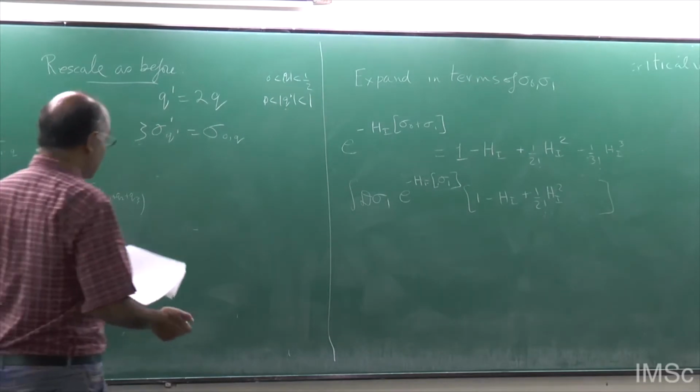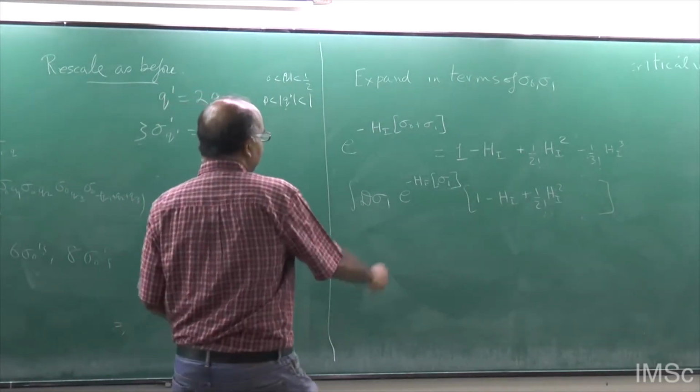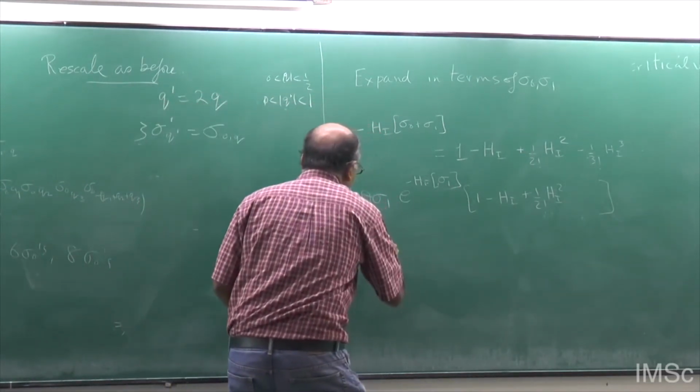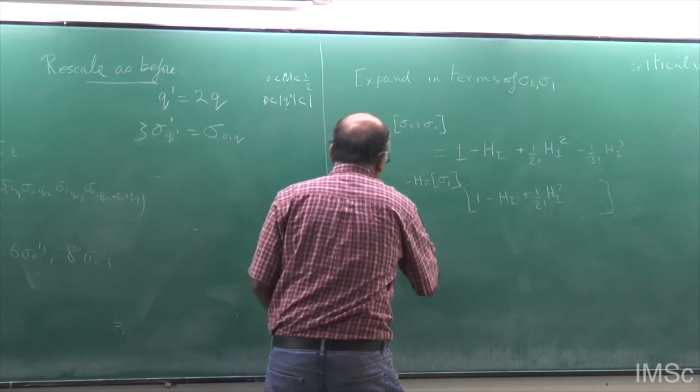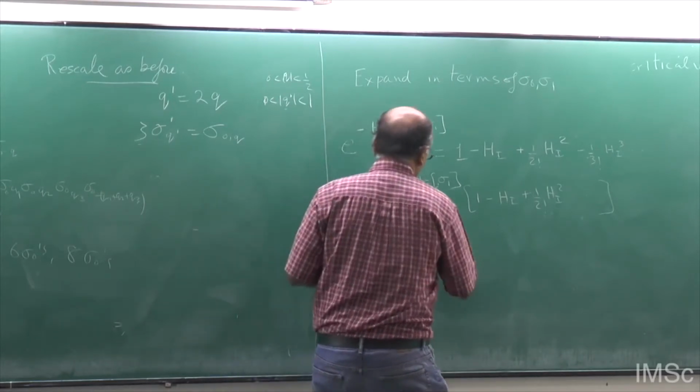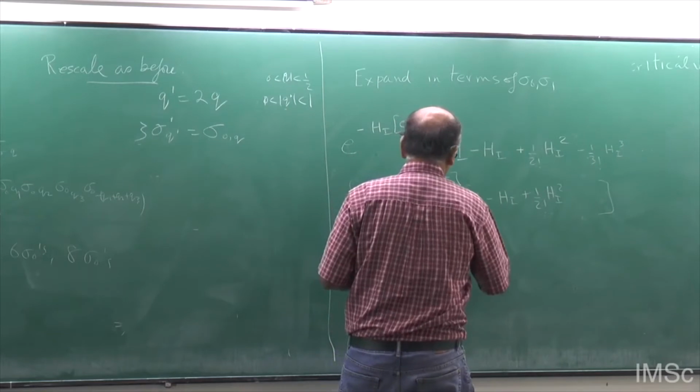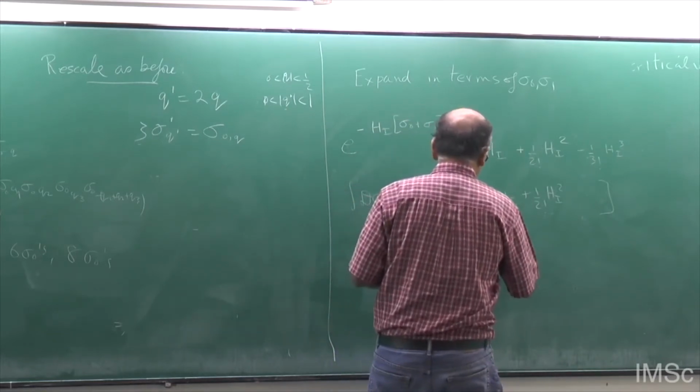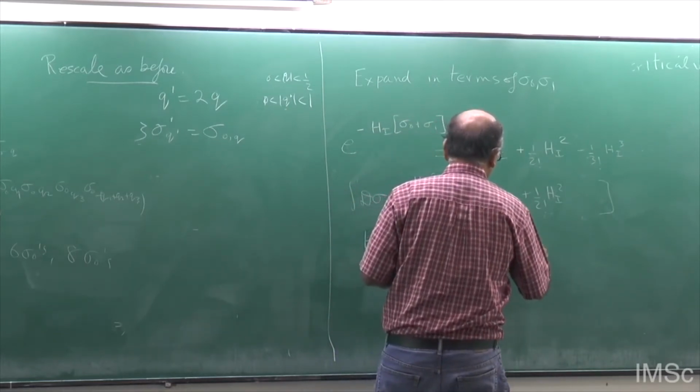And what is the basic rule? The kinetic term, h_F σ1, what is h_F σ1? It's half q squared plus r, σ1 q σ1 minus q.